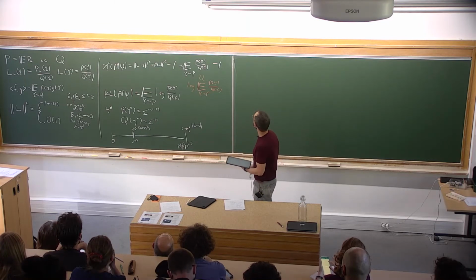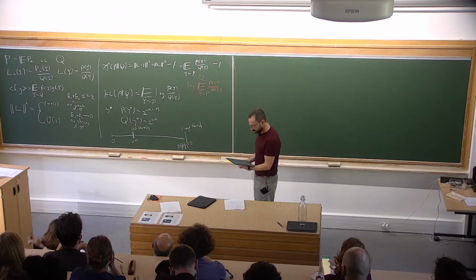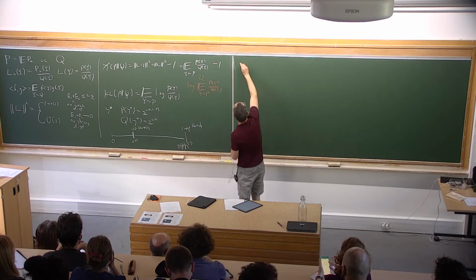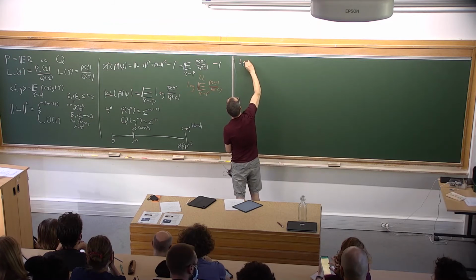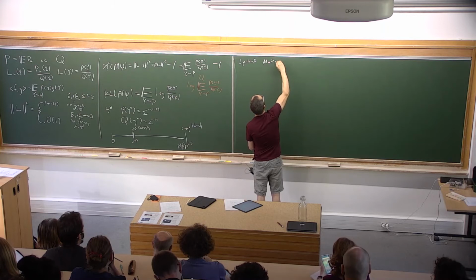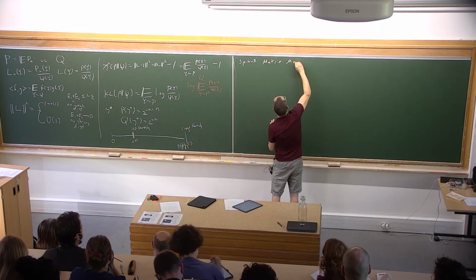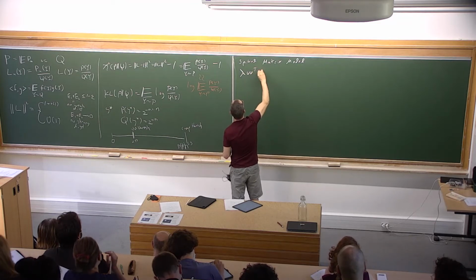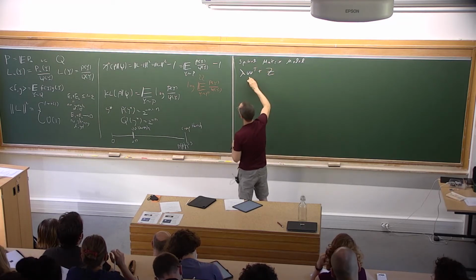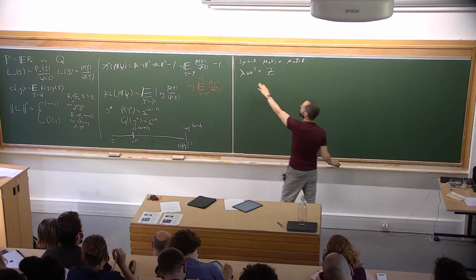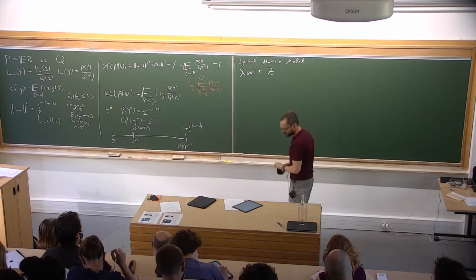So what we showed last time was this spiked matrix model, where we had lambda VV transpose plus Z. V should have been a unit vector, by the way. I said standard normal, no, it should be a unit vector, say a random unit vector.